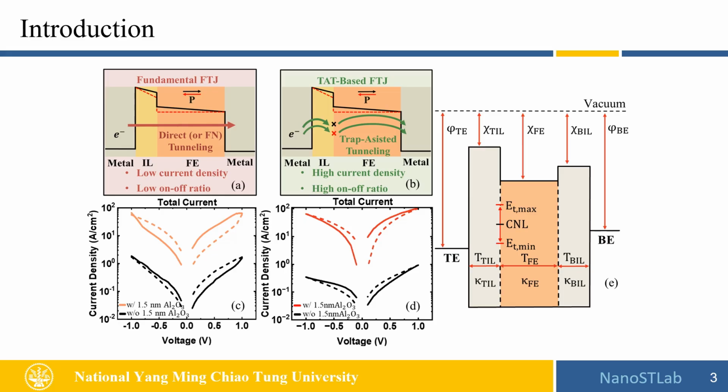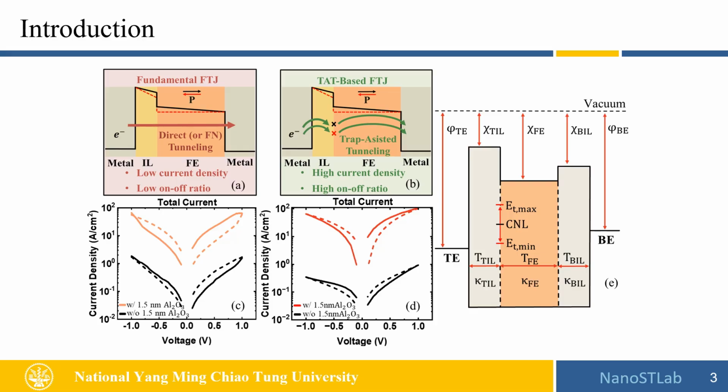So we believe that there are some traps in the FTJ that cause this to happen.